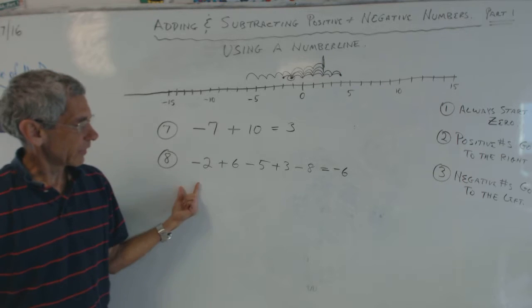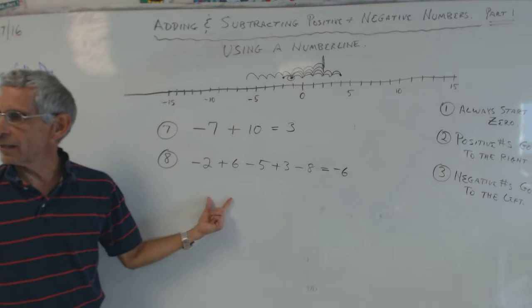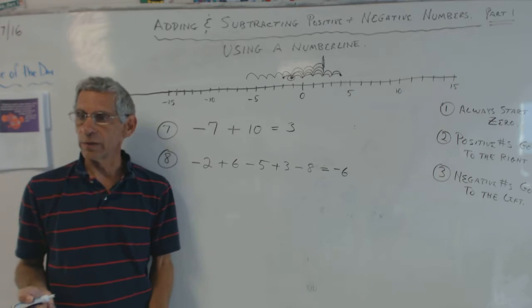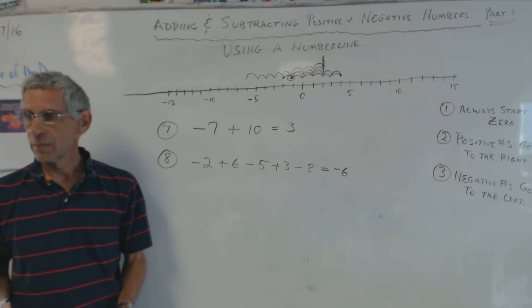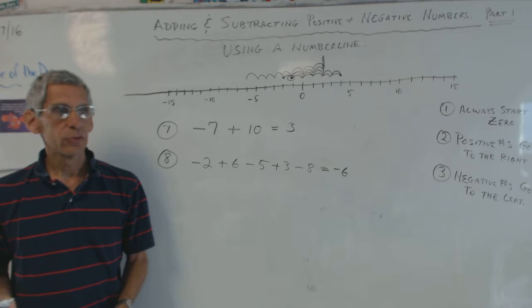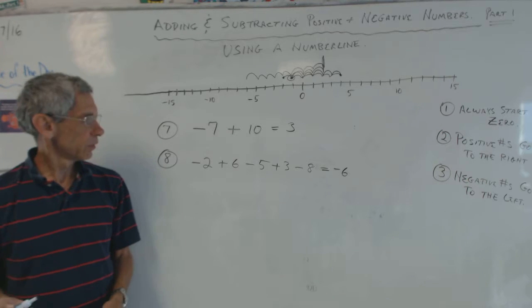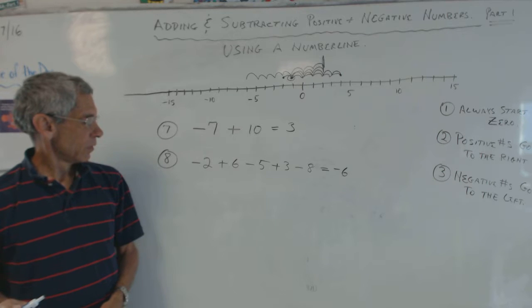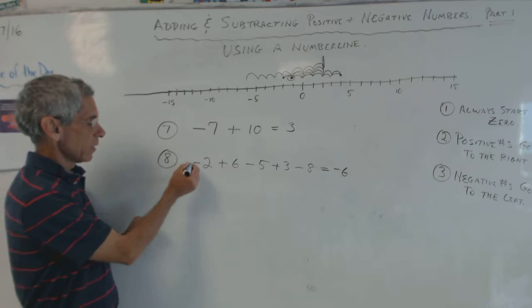Now, can anybody think of a strategy to make this simpler? Zubin. Well, what I was thinking is if we just split this up, like put parentheses around the -2 and the +6, then that's one problem. You mean like this? Yeah.